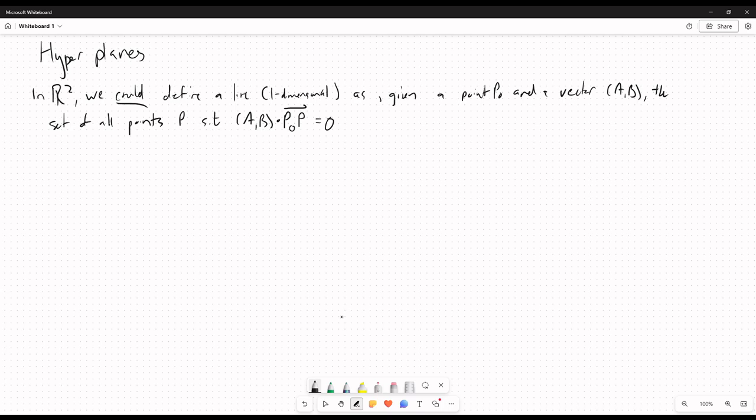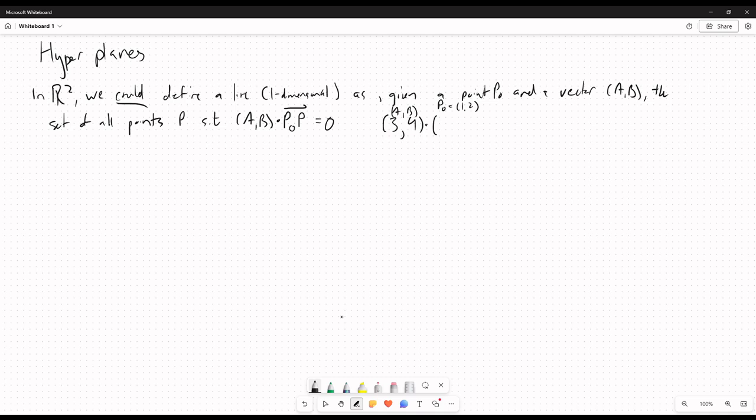We almost never write it this way, but let's think about what this is saying. In practice, this would be like saying 3, 4 is our AB, and let's say P0 is 1, 2.